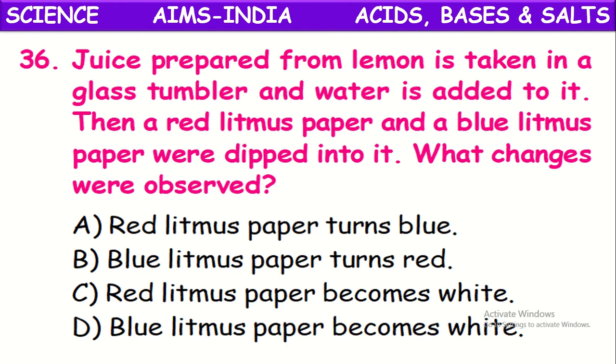So as it is an acidic solution, what changes will it show? It won't show any action with the red litmus. It will show action with blue litmus paper, and it turns blue litmus paper red. Okay, this is the correct answer.